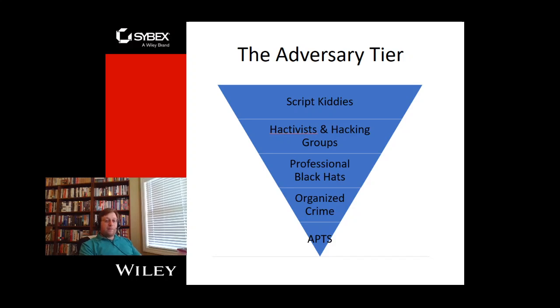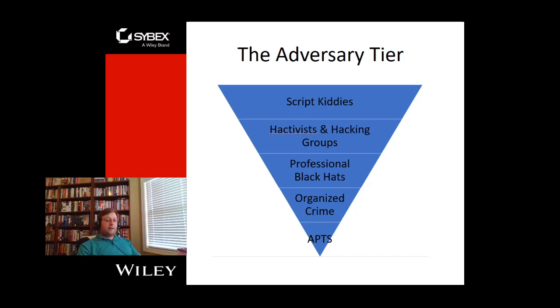And APTs here is what's designated as advanced persistent threats. In the context of penetration testing, I think a good example of that would be the North Korean government. The North Koreans seem like they are able to hack a lot of American companies and cause trouble for places like Sony, anyway.